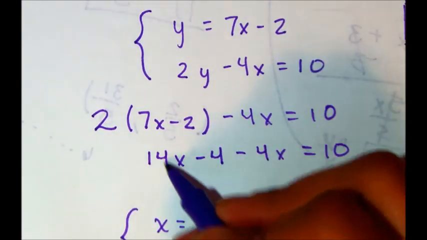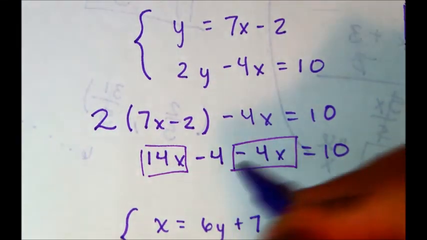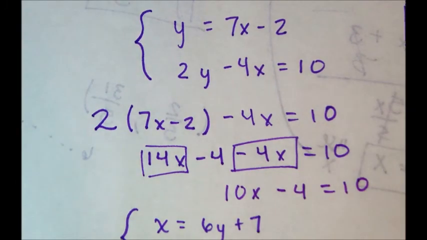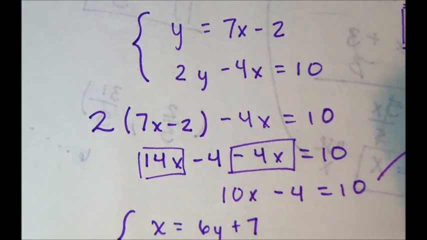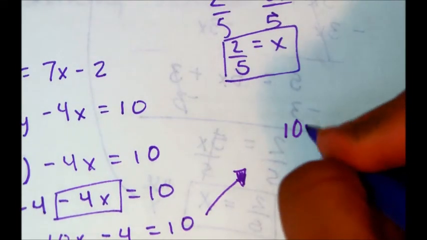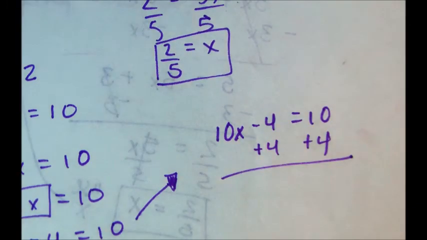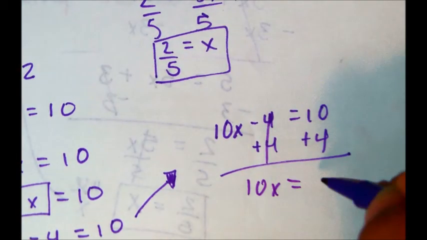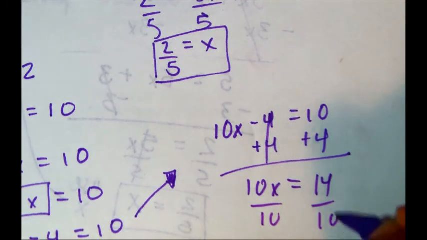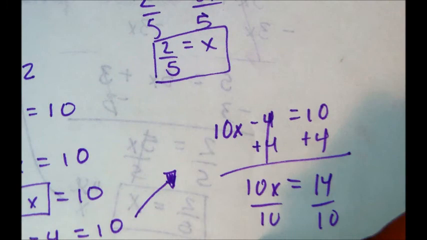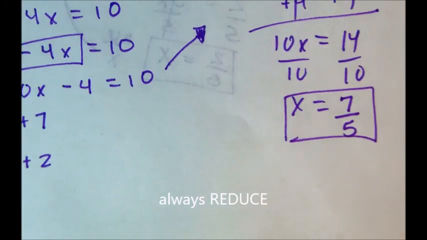I can combine these like terms, 14x minus 4x, so I get 10x minus 4 equals 10. I could isolate my variable by adding 4 to both sides, and I get 10x equals 14. Divide both sides by 10, so x is actually equal to 7/5, because 14 divided by 2 is 7, and 10 divided by 2 is 5.